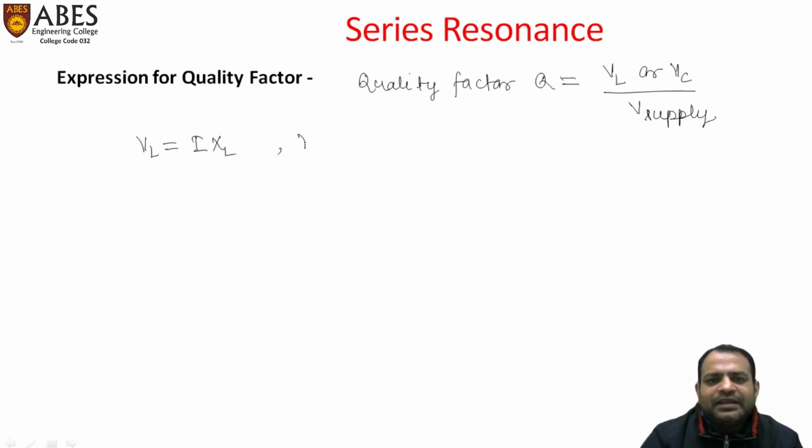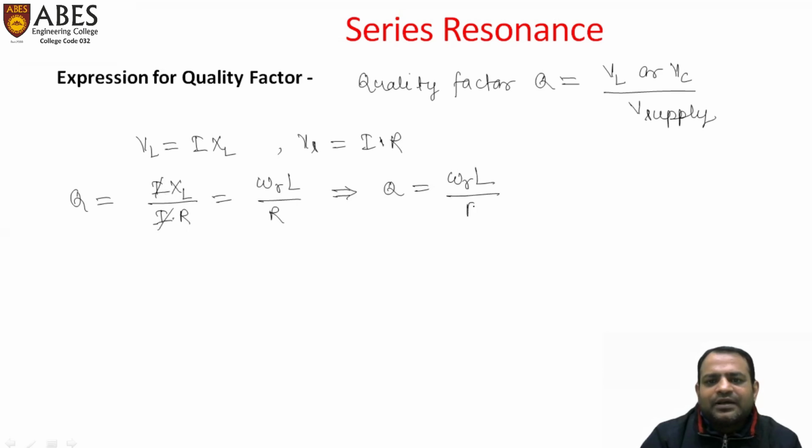And what is the V supply? V is I into Z, and Z at resonance is R, so V is I into R. Putting here, Q is equal to I into XL upon I into R. So XL is omega R L, giving omega R L by R. So this is our first formula of quality factor Q, omega R L upon R.